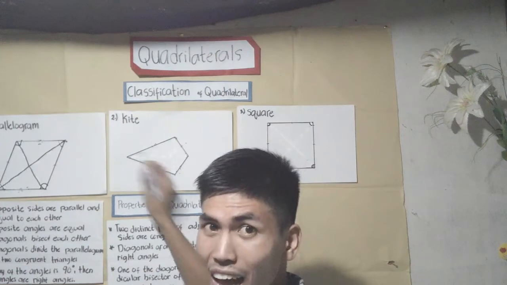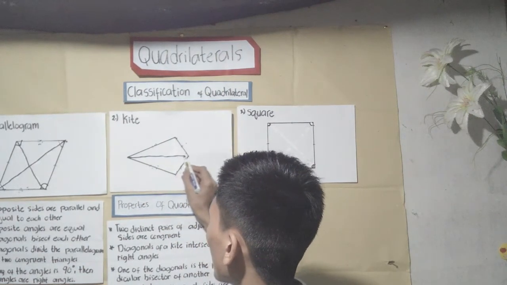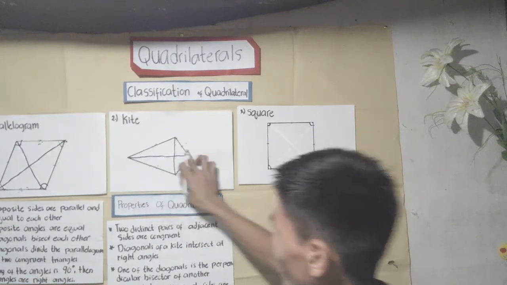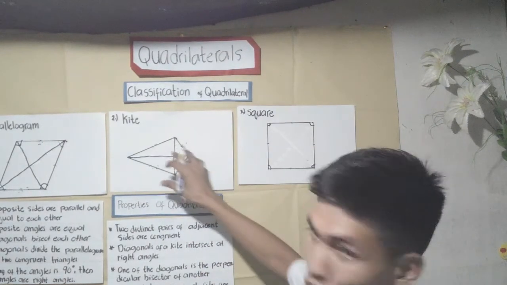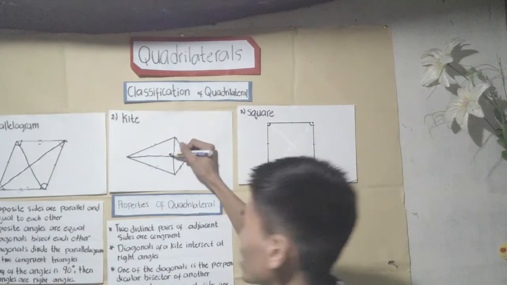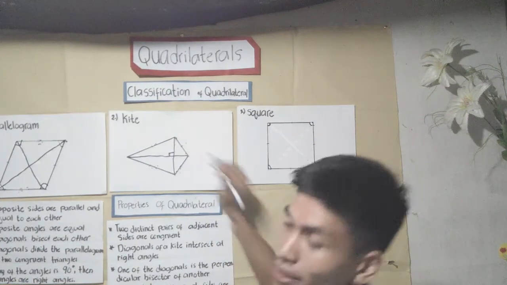So let's put a line segment here. This line bisects the other and they intersect at 90 degrees. This is the 90 degrees, or the right angle.